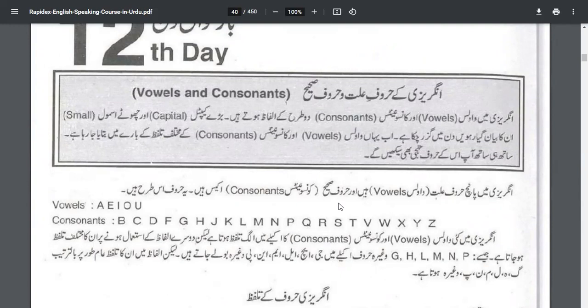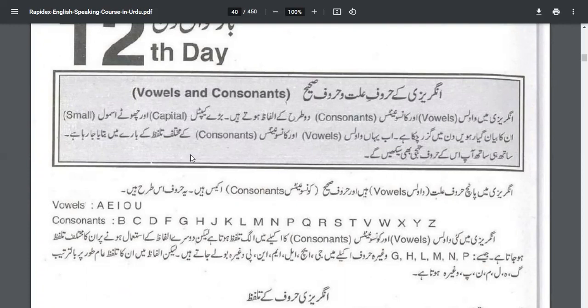The letters which give a vowel sound: A, E, I, O, U. These five are considered vowels. Any sound like E, O, U, and the long vowels as well, like U and double O, things like this.